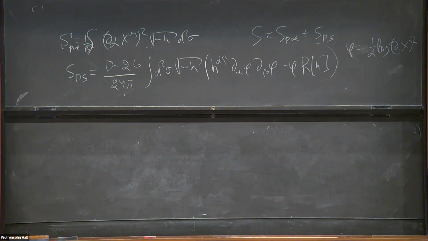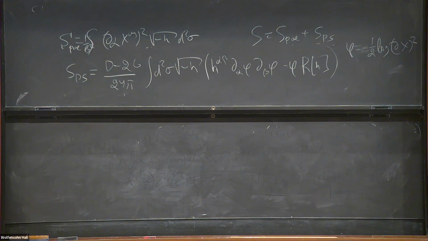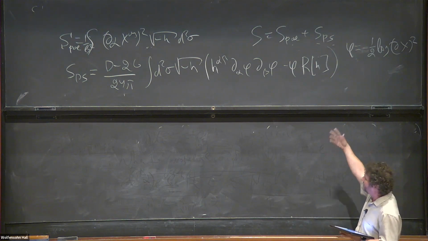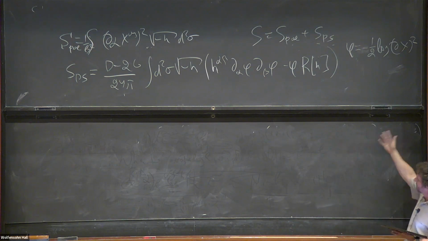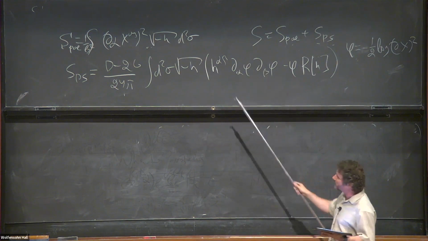In d equals 3, in principle, one may try to use this formalism, and one does get e to the i S matrix, of course, and this term at leading order vanishes on shell, but still this is not a UV complete theory. This term definitely doesn't vanish on shell if one looks before imposing the Virasoro constraint.